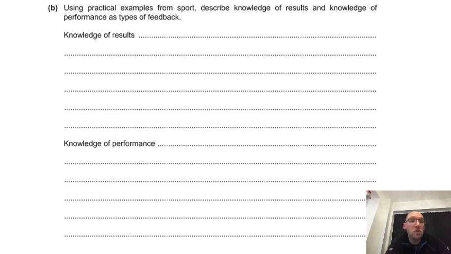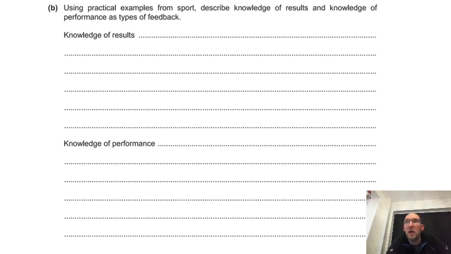Knowledge of performance: informational technique, tactics, how well the movement skill has been executed or how well they have played. A table tennis coach tells her player that her forehand technique lacks adequate topspin.